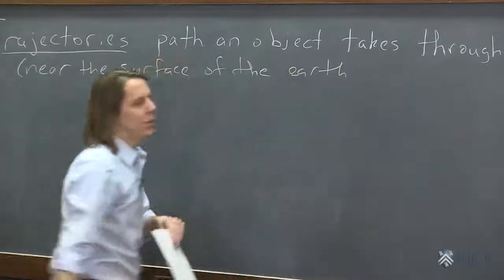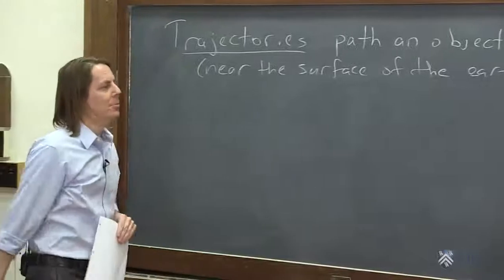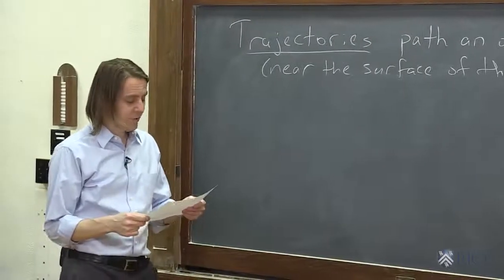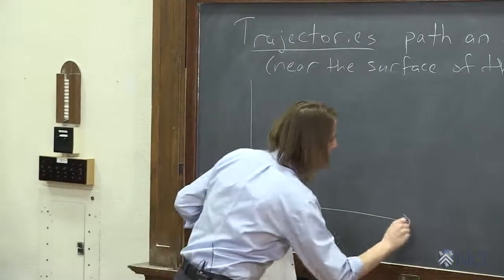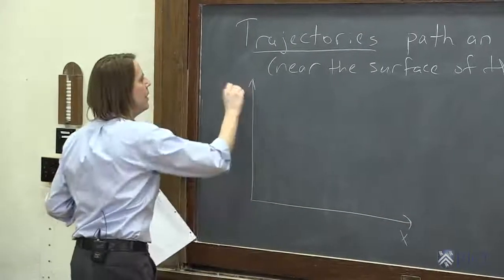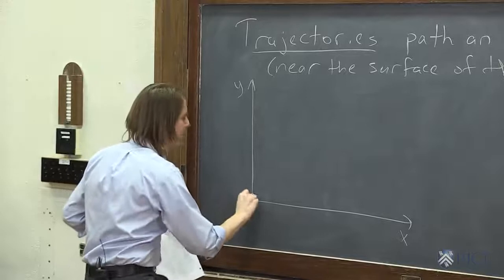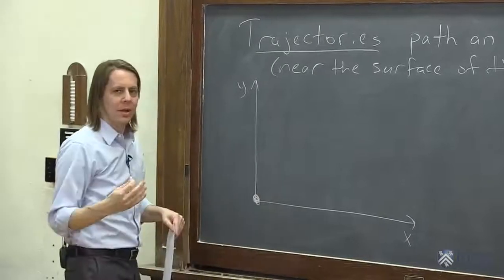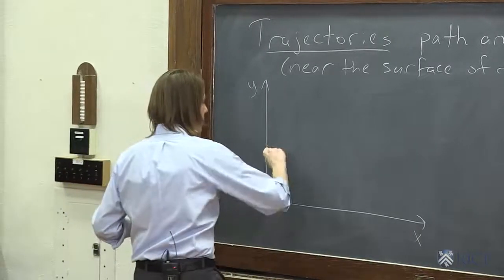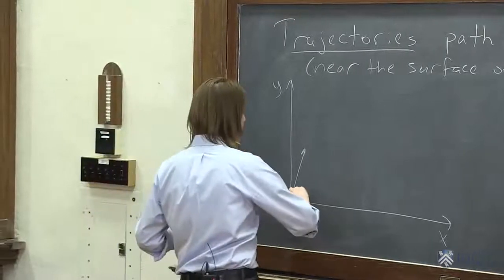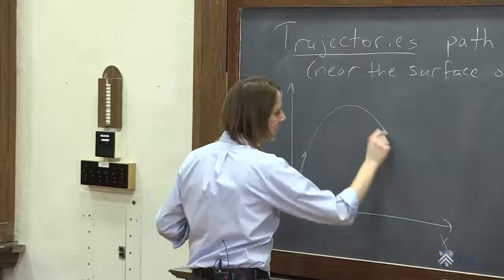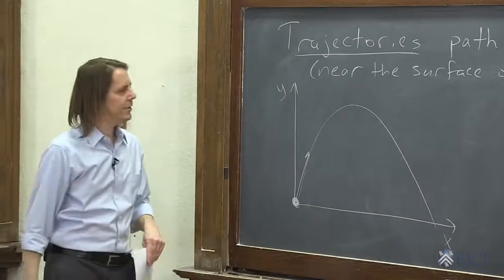Same as what we just did with drop and shoot, but now we're going to let it go up in the air and see what happens. So let's draw a trajectory as you've probably seen before. If we have x here and y here, and we have a mass, and we give it an initial velocity up like that, then the trajectory it's going to take is kind of like this, up and then back down. All right?